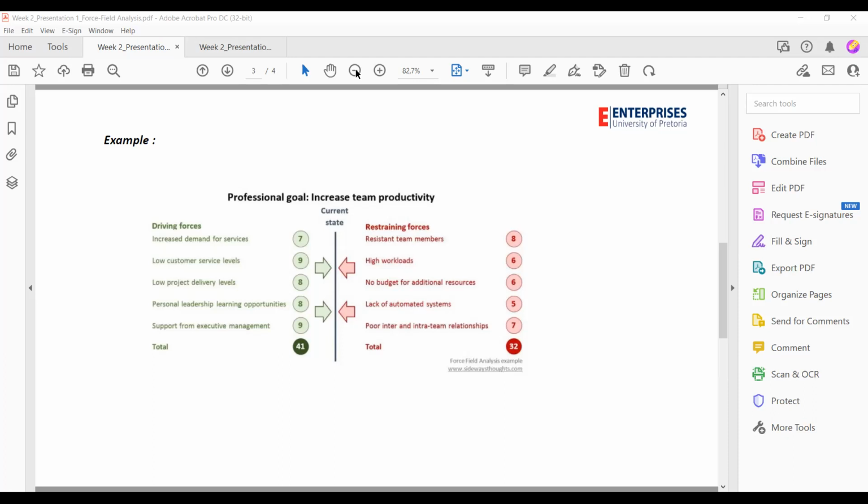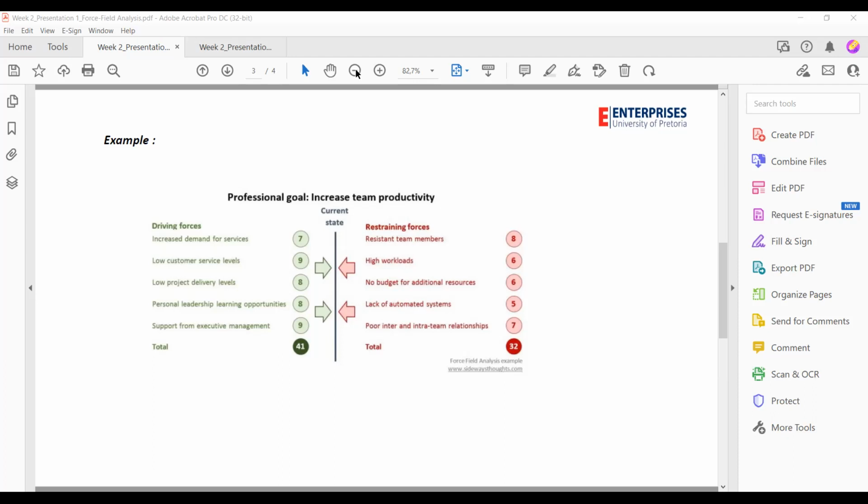Anyone else? So is the whole point to reach some sort of a balance, or for the driving forces to be a little bit higher than the restricting forces? I did not read anything that says that they need to balance. Okay. I read it as if you have the driving forces and the restraining forces, that means there's a balance.